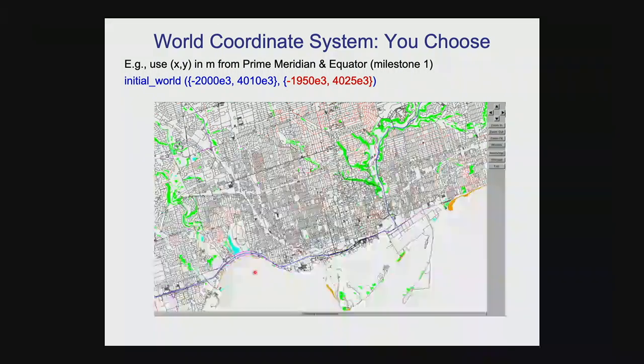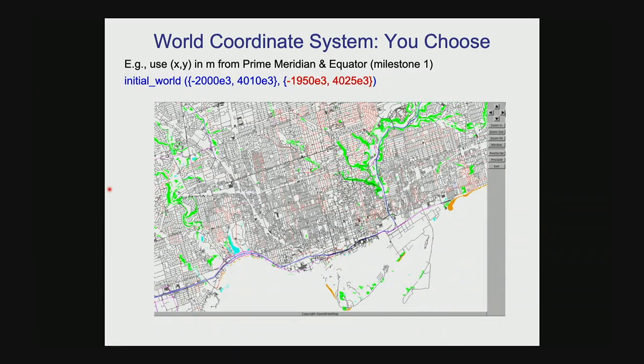So that's the system that you chose, and it will map whatever you draw to that system. Okay, so if we draw things in meters, that makes more sense than pixels, and you can reason about how things will look, okay?